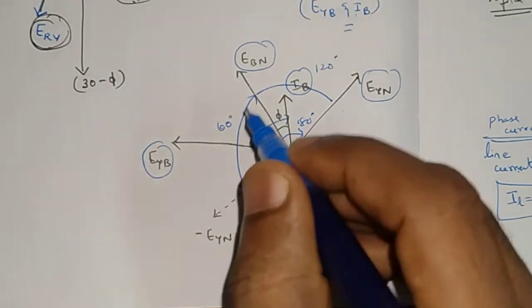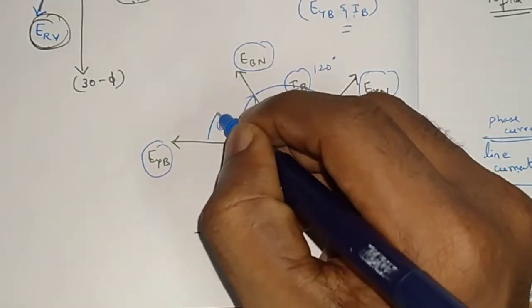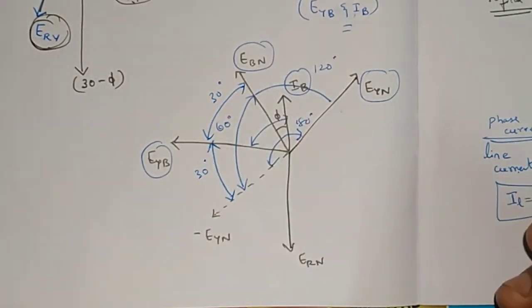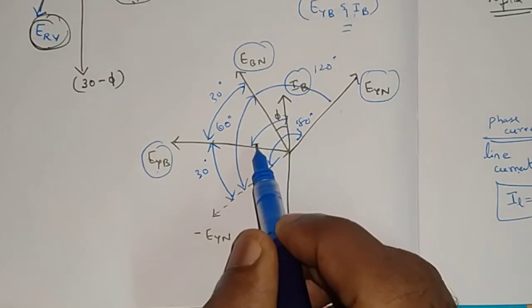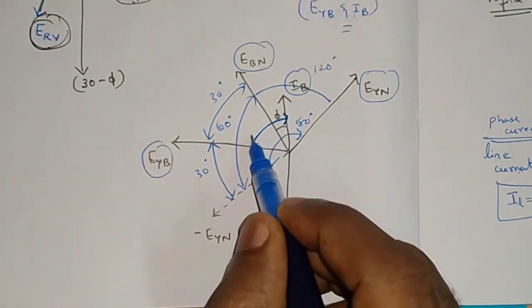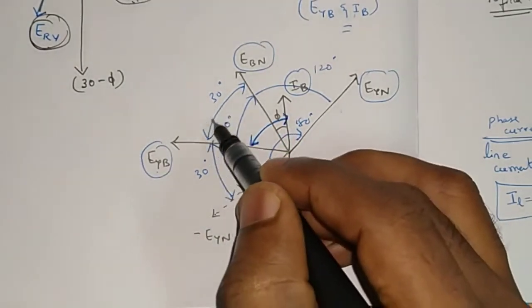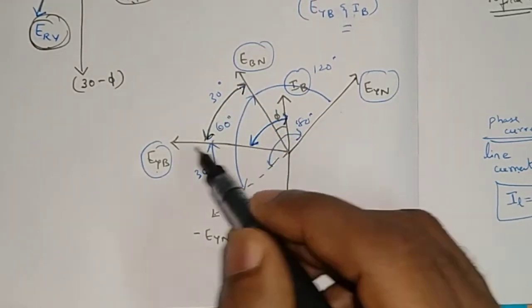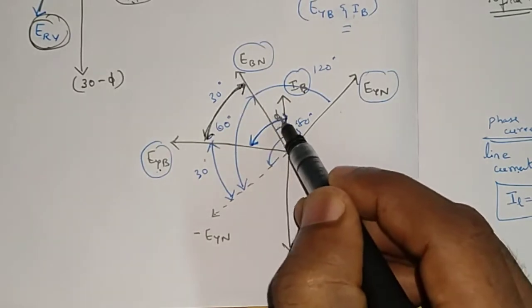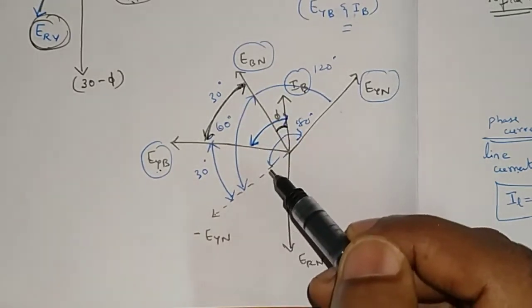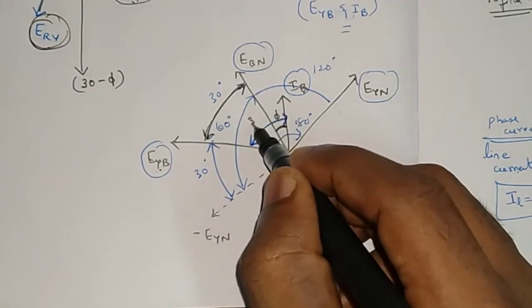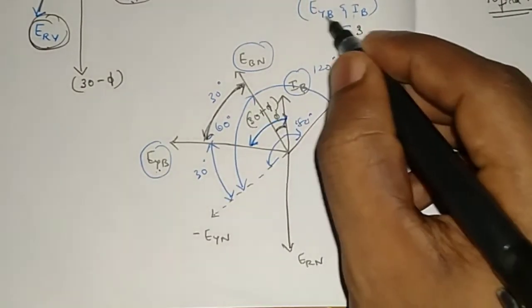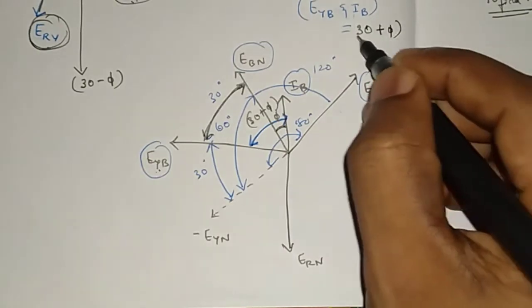So 60 divided by 2 will be 30 degrees. So this will be 30 degrees and this will also be 30 degrees. Now I need to find out the angle between EYB and IB. If this is 30, then to find the angle between EYB and IB, 30 plus phi, which is already there in the vector diagram, will be the total angle. So the angle between EYB and IB will be 30 plus phi.